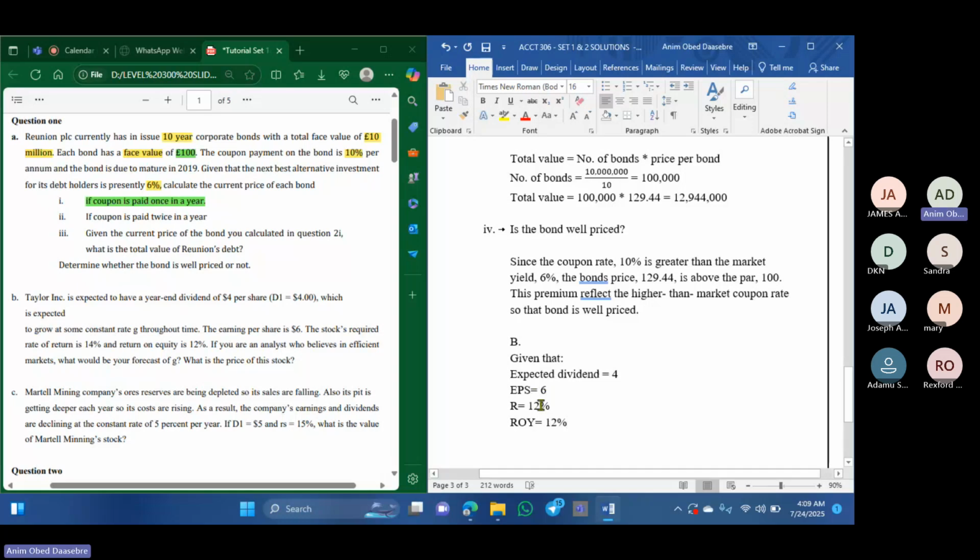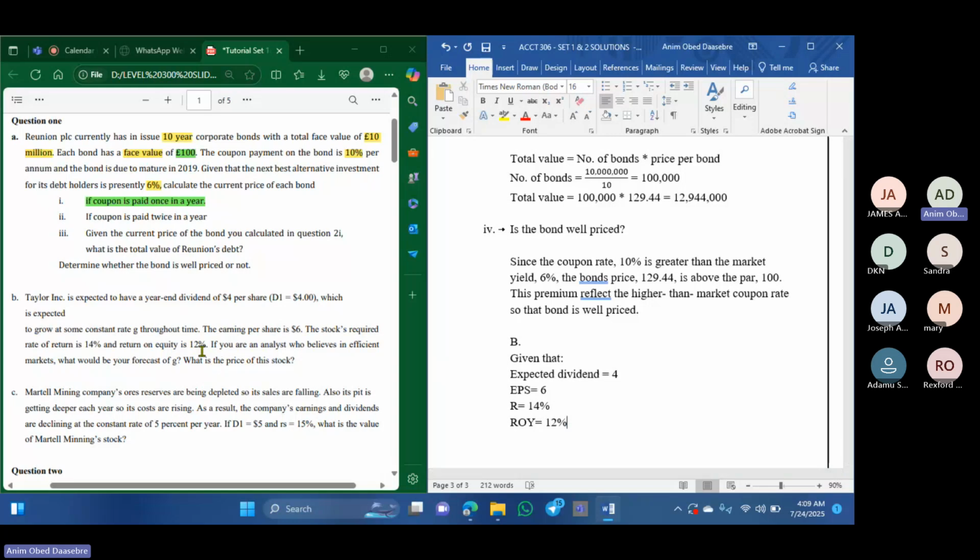This one is 14. So this is the information given to us in the question. There are 4: 1, 2, 3, 4.